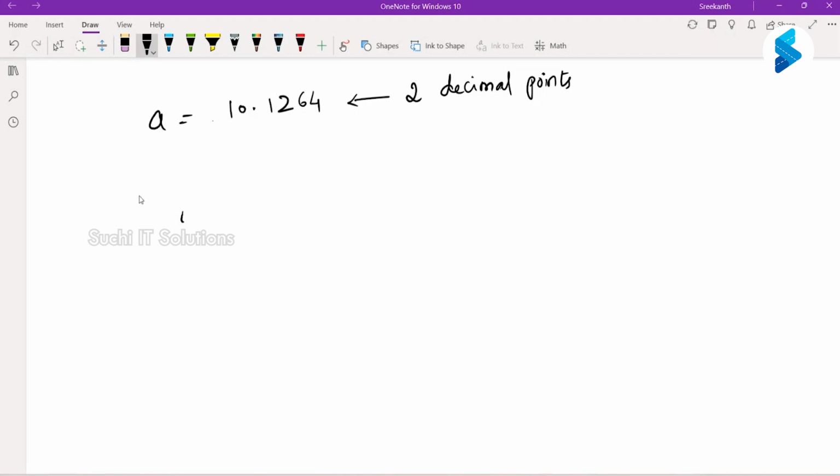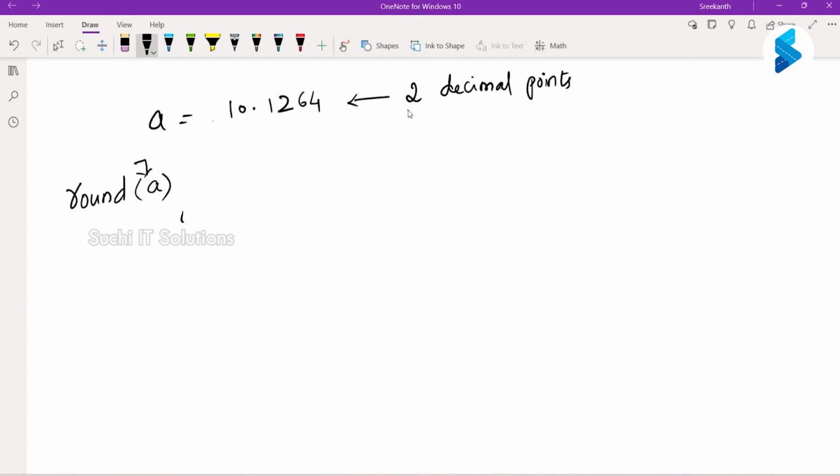So we have a function called round, and we can pass data to it. This will try to round the number.